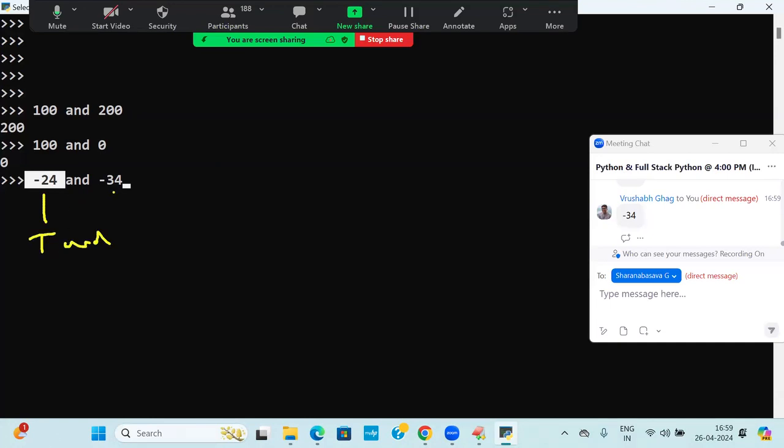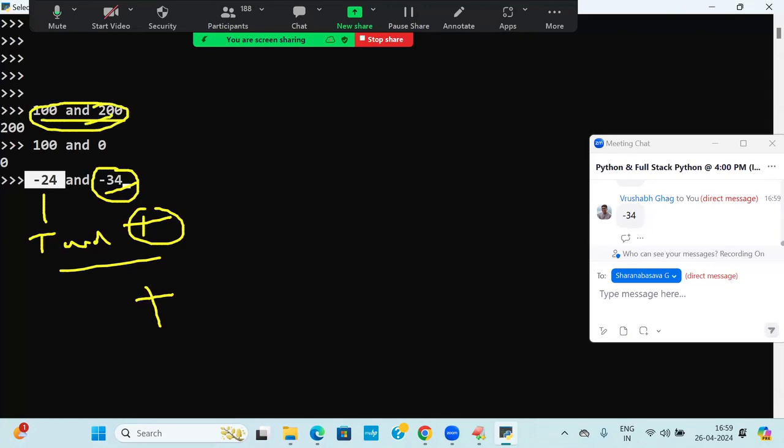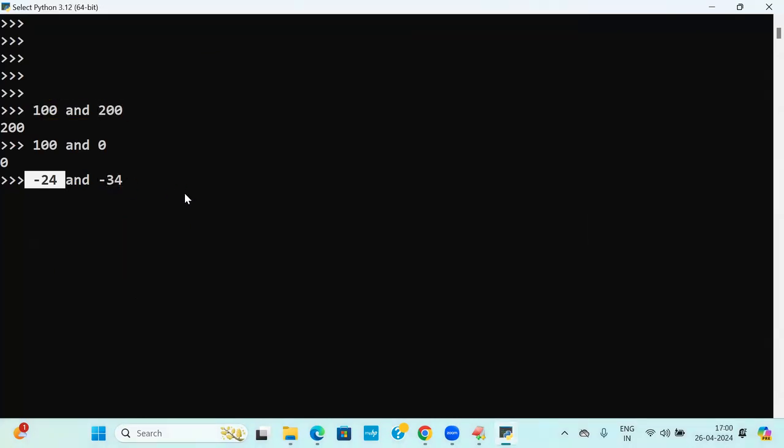And minus 34 means non-zero, so true. Which true is the answer? The second true. Already I said so here. So what is the answer now? Minus 34. Able to follow? Getting or not? Yes.